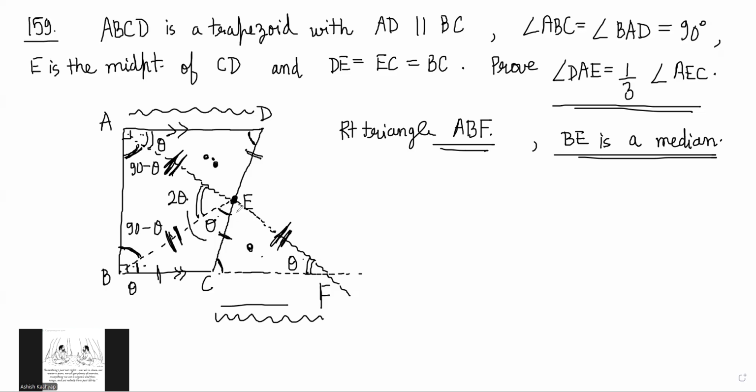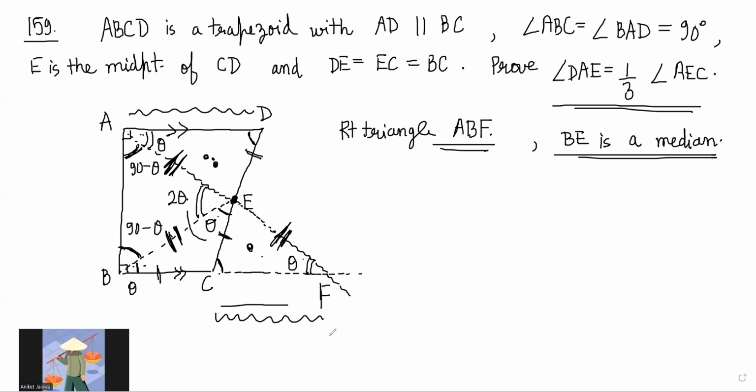After that only, we can see right angle triangle ABF and median. Correct? There is enough information in the question. It's just about whether you extend it or not. If you don't extend it, then it is difficult. Okay, what is the next problem?